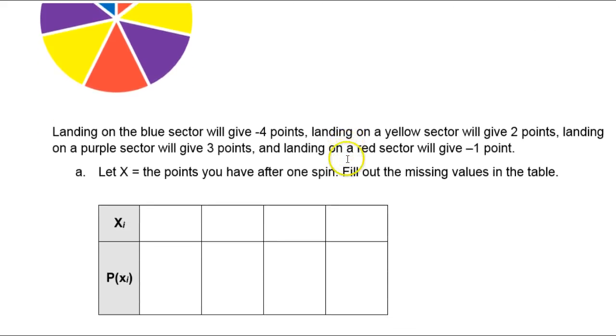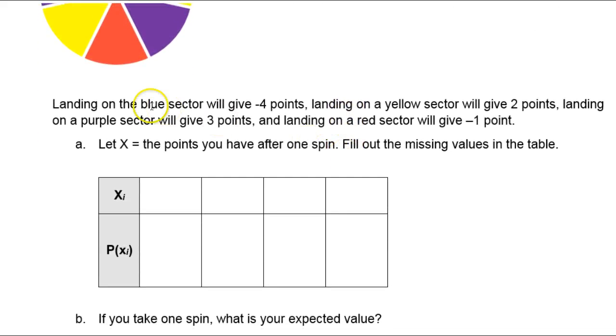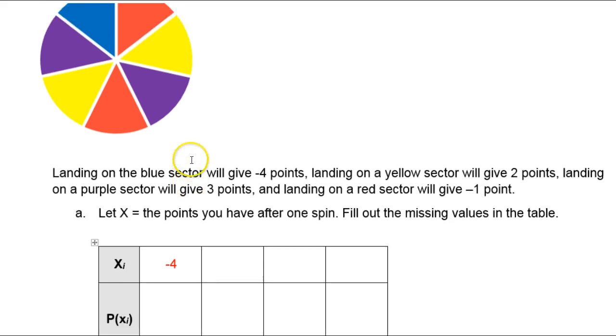Okay, all right, got it. Now, landing on the blue sector will give you -4 points. All right, so let's type some of this in. So we have -4 points. Okay, that's the blue sector.